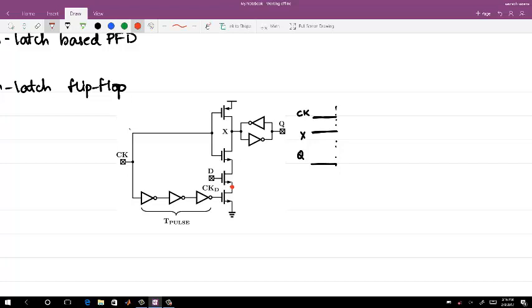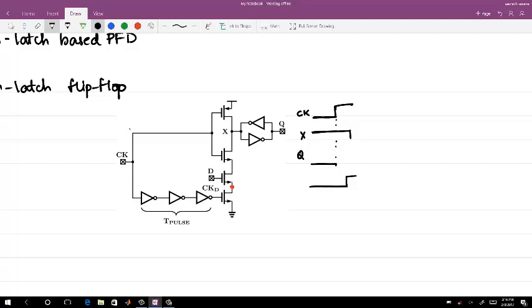Now the data can be anything, high or low. Let's say the data goes high after the clock goes high. When the clock goes high, X doesn't change until D goes high. Once D goes high, your X drops to 0.